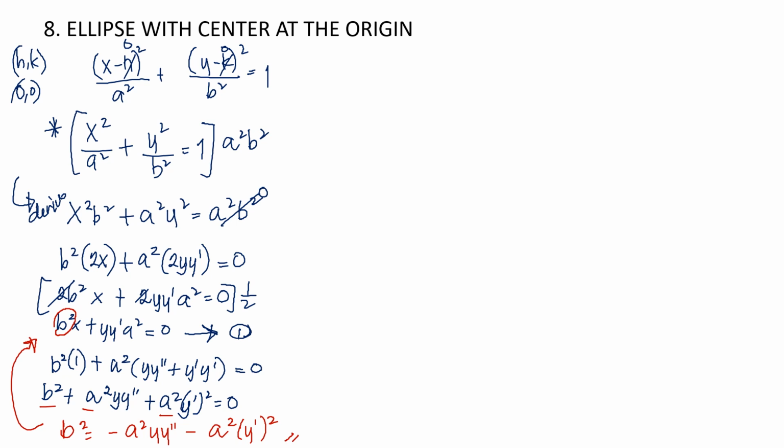So, this is negative a squared y double prime minus a squared y prime squared multiplied by x plus y prime a squared is equals to 0.